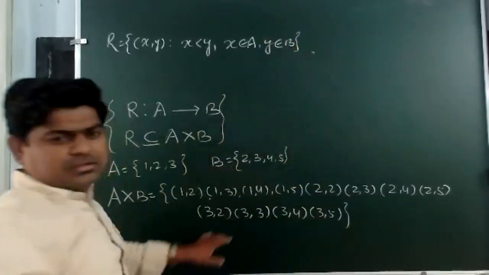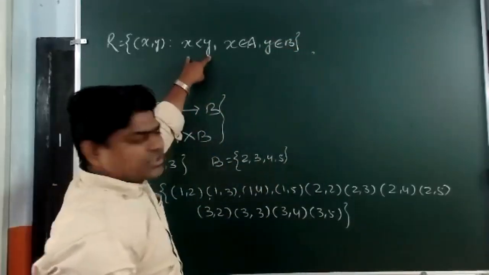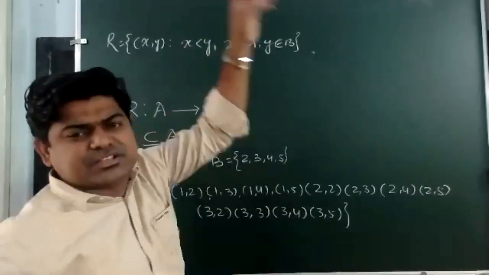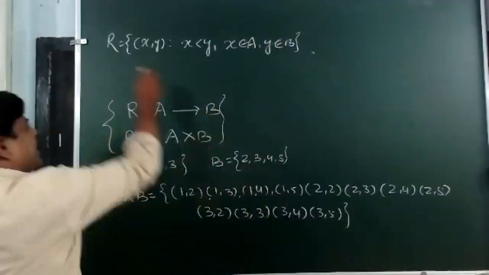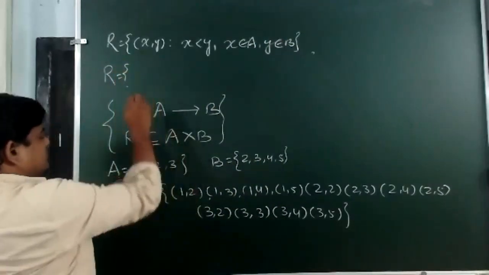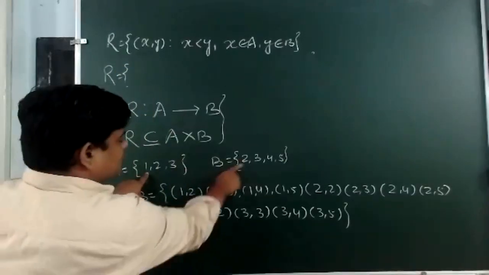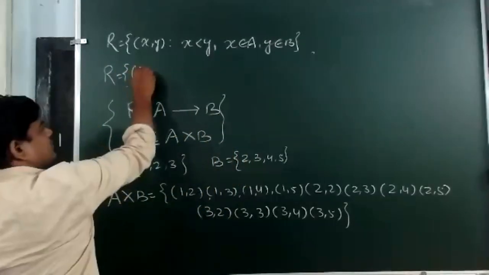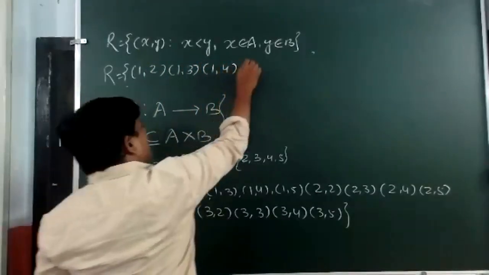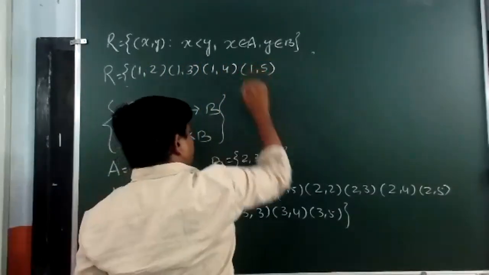Now tell me, the relation between the first and second element has been given: the first element should be less than the second element. Now if I write this R, 1 is less than 2, so (1, 2); 1 is less than 3, (1, 3); 1 is less than 4, (1, 4); 1 is less than 5, (1, 5).